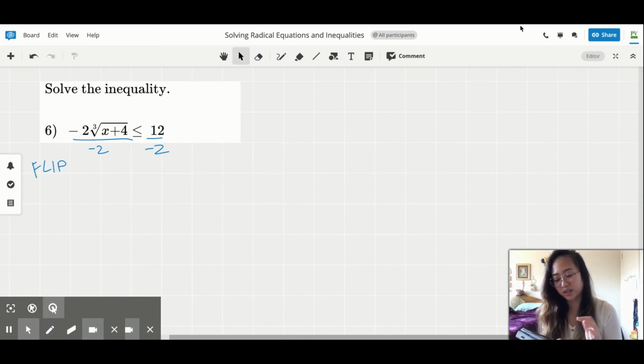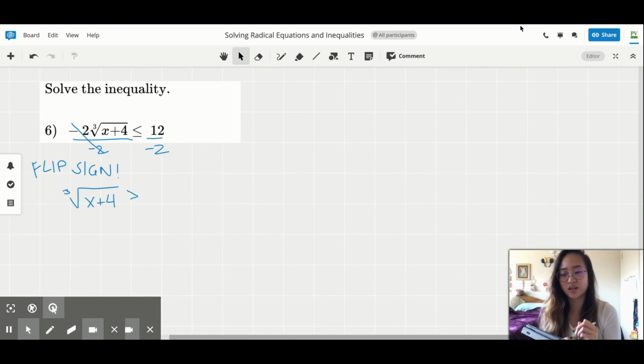So on the left side, we have the cubic root of x plus 4, but now we have to flip the sign, so it's greater than or equal to negative 6, and we could solve from there.